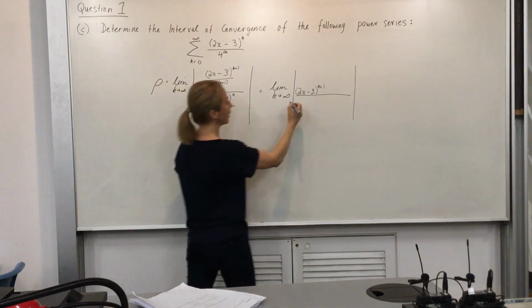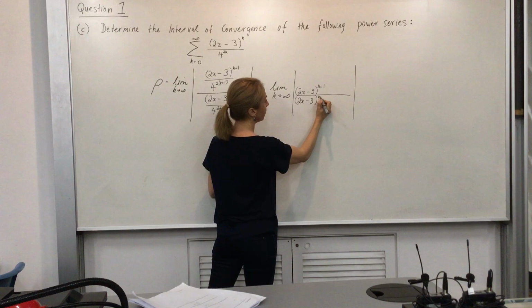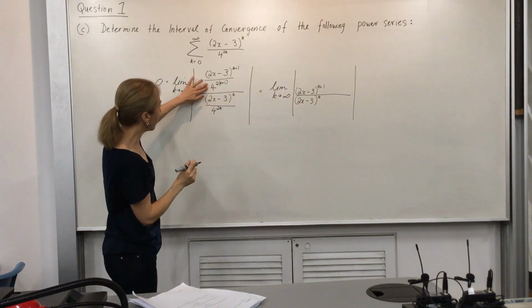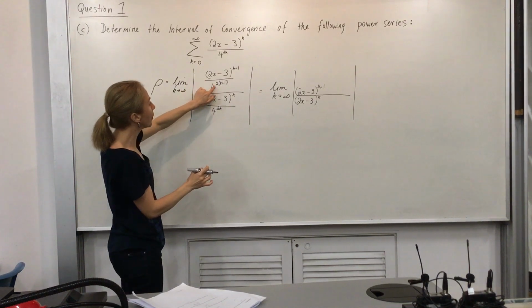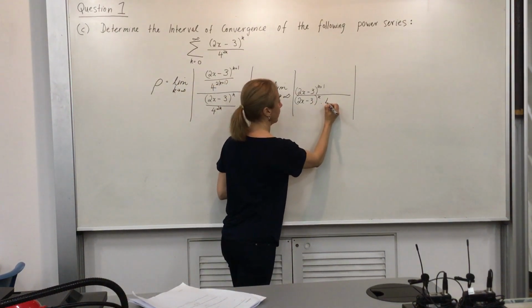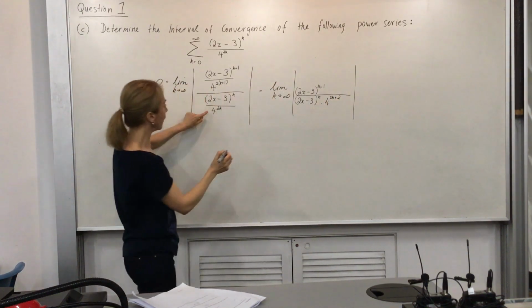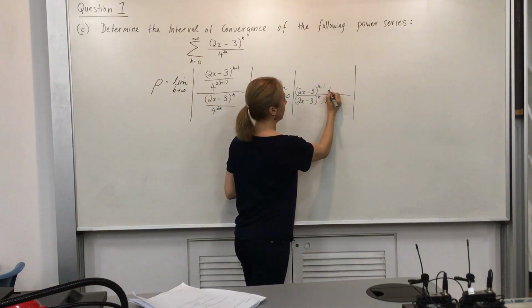On the denominator, 2x minus 3 to the k. And then otherwise, going down to our denominator now, 4 to the 2k plus 2. And on the numerator, coming back up here, will be 4 to the 2k.